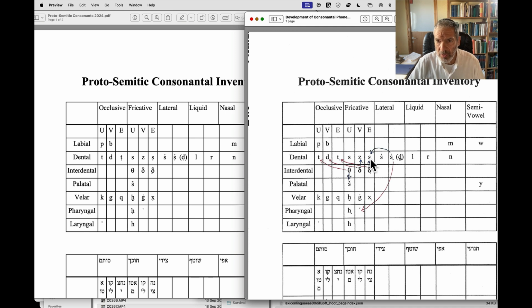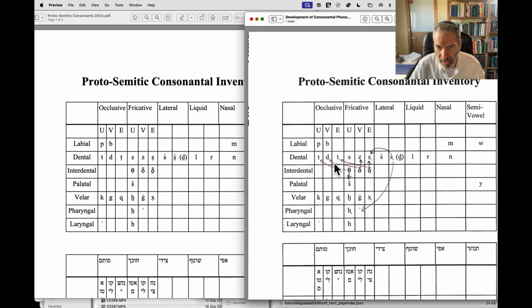And so when you see a tzad in Hebrew, it could be a merger of three, it could be representative of three separate Proto-Semitic consonants: Proto-Semitic tz, Proto-Semitic the, or Proto-Semitic z. All right, now let's look at the red arrows and see what happens with Aramaic. These three interdentals just move forward and to the left.